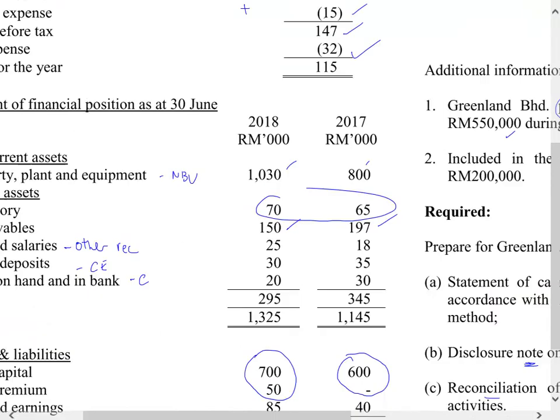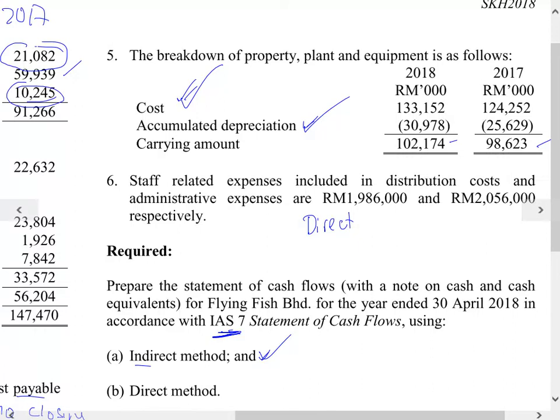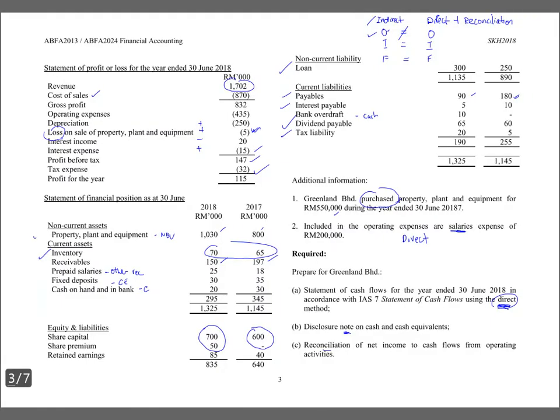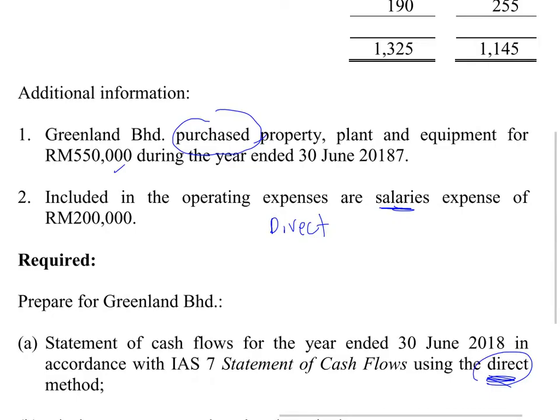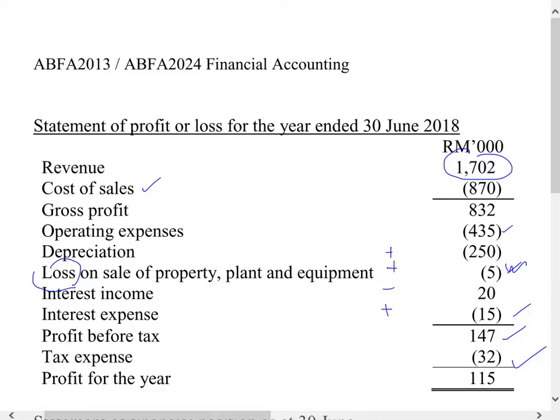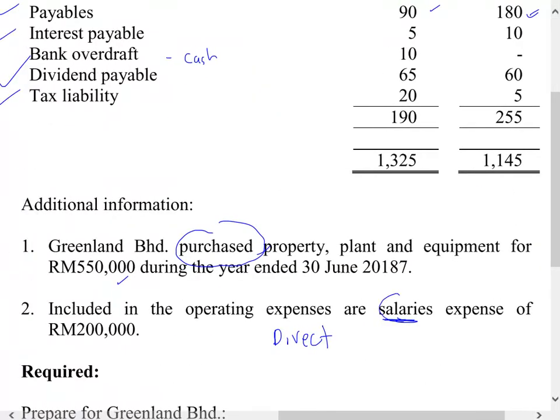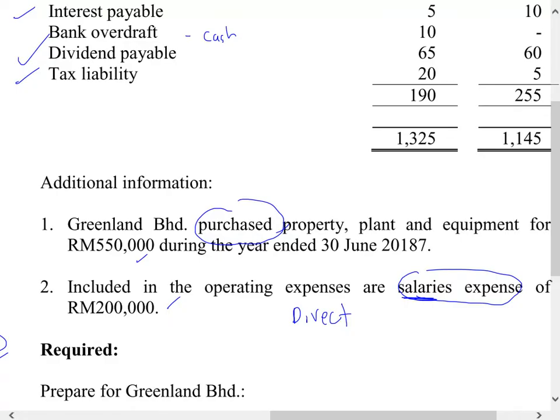If you look at question 2, last week's question, note 6, staff cost related expenses are also related to staff. This note is for direct method.